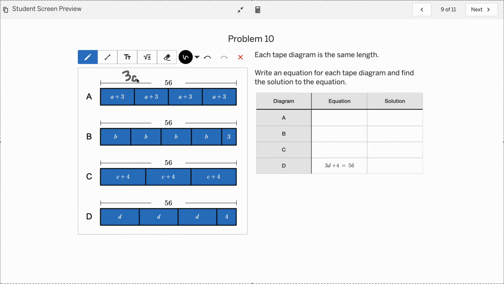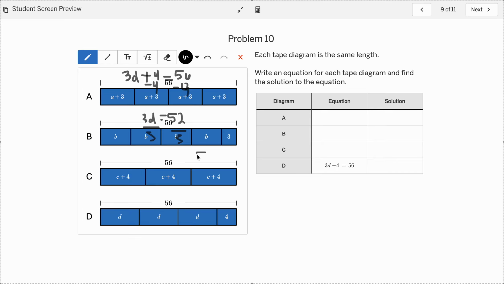So 3D add 4 equals 56. Subtract 4. Oops, don't mind my terrible handwriting. 3D equals 52. Divide by 3.